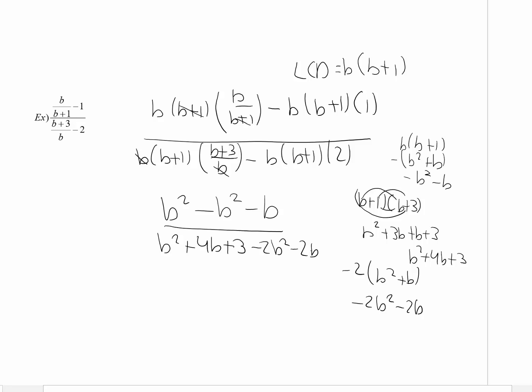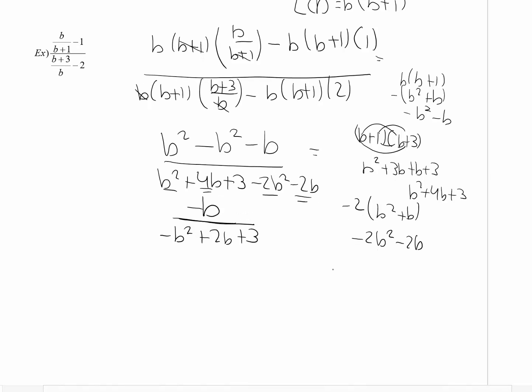Okay, so let's simplify then. Well, the b squareds in the numerator subtract out. On the bottom, I have a negative b squared plus 2b plus 3. Okay, I'm going to factor out a negative b from the denominator, because I'm going to check to see if I can factor it.